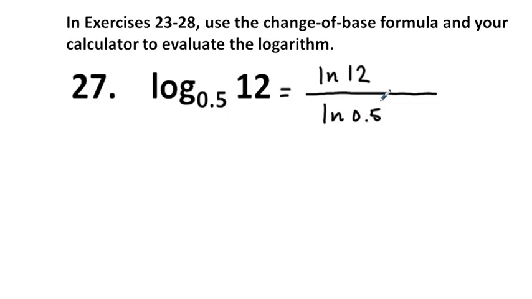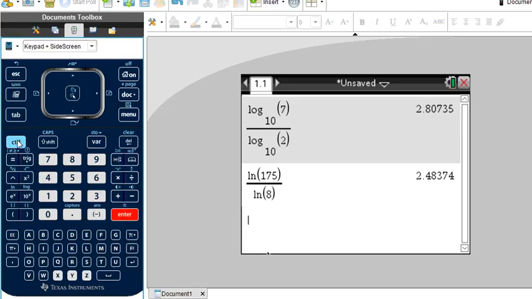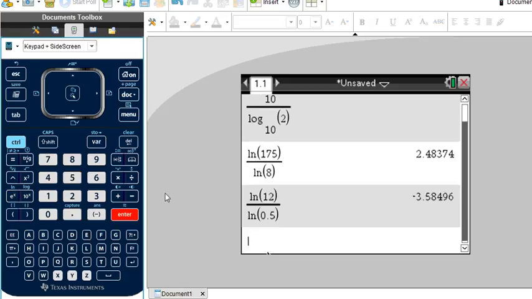Going to our calculator again, natural logarithm of 12 divided by natural logarithm of 1/2 or 0.5, we get negative 3.58496.